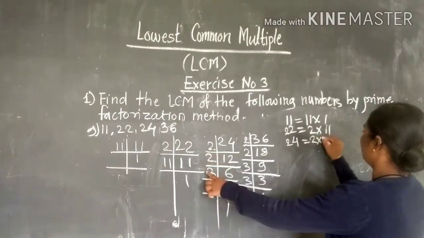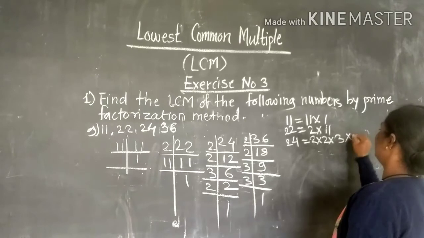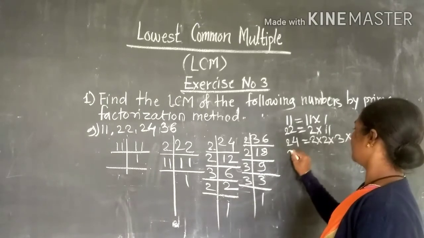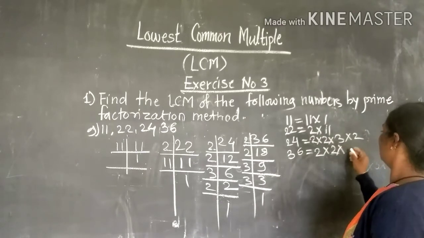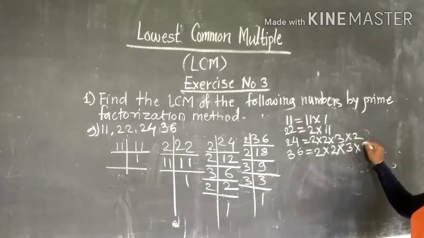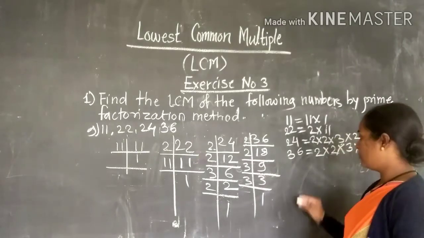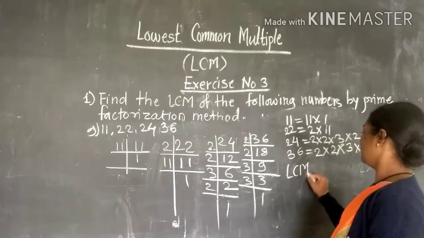2 into 2 into 3 into 2. Yes. And for the 36 it is 2 into 2, then 3 into 3. Let's write for the LCM the common factors.